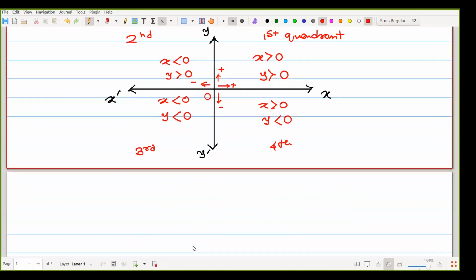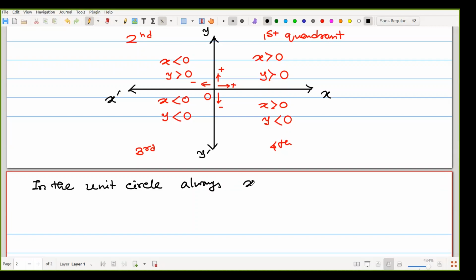So what is happening here? Now, in the unit circle, that means the radius is 1. So always x and y lie between -1 and +1.